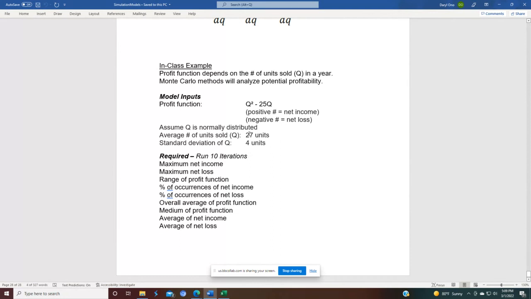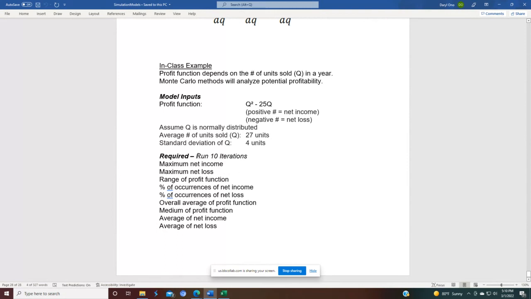And in this particular case, these are just given. They didn't come from anywhere. But we're going to have, on average, 27 units sold, or 27 million units sold. We'll just keep it 27 so the numbers don't get too big. And the standard deviation for this mean or average is going to be 4 units.